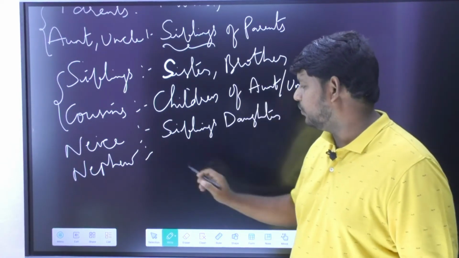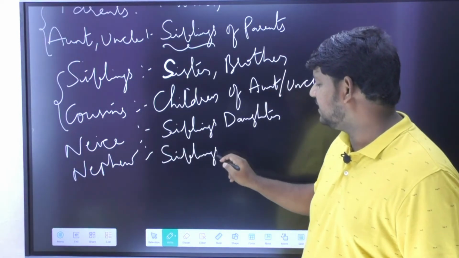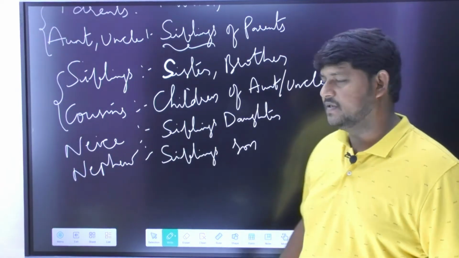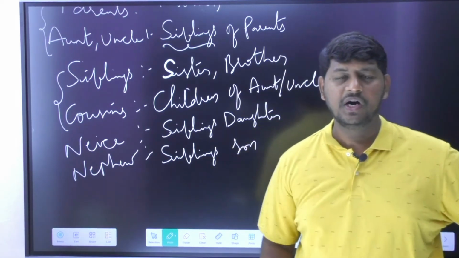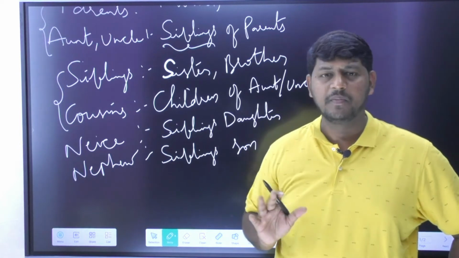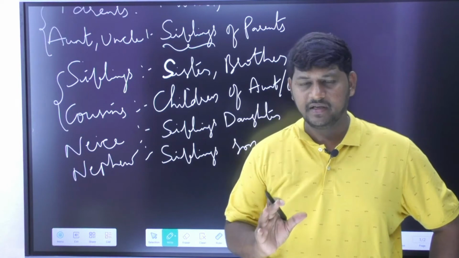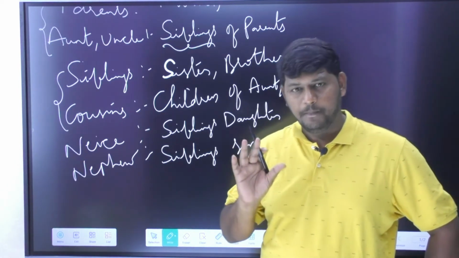And who is the next person we have over here? It is nephew. So can I say sibling's son? Am I correct? Yes, sibling's son is going to be your nephew. Again, I am clearly saying whether you are male or female, it doesn't matter. At the end of the day, every person writing the exam should get a particular answer.